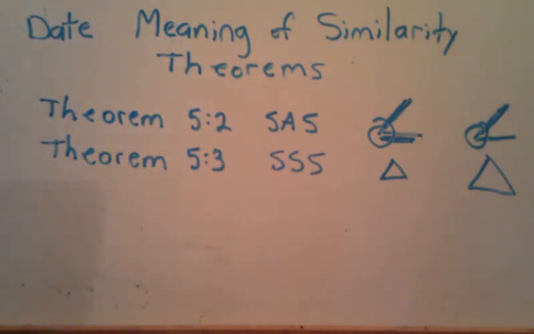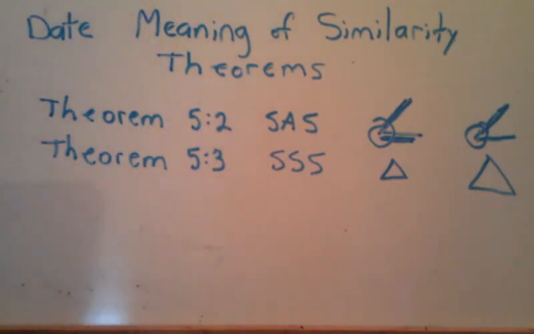We do not need the ASA, remember angle, side, angle, or the AAS, angle, angle, side theorems to prove similar triangles now, because we would already have two angles equal, enough to prove the triangle similar by the AA theorem. The SSA theorem is not true.